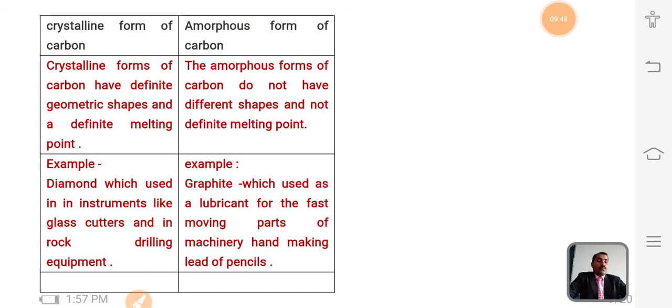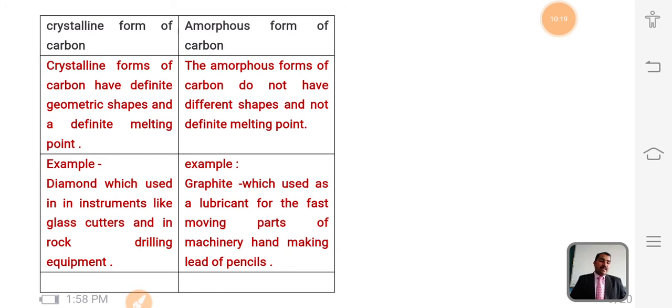Graphite is used to make black paint and printer's ink because of its black color and because it is insoluble in water. Graphite is used as a moderator in nuclear reactors to slow down fast moving neutrons, that is, to control the nuclear reactor.